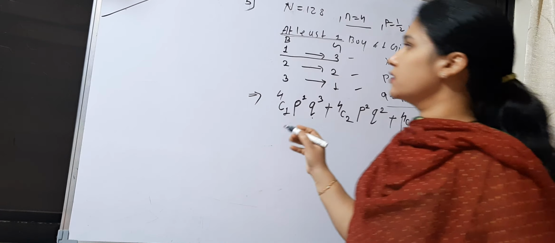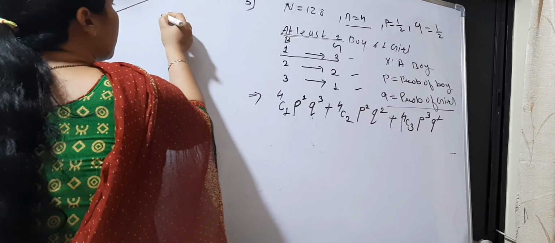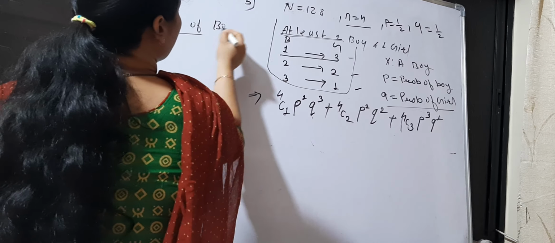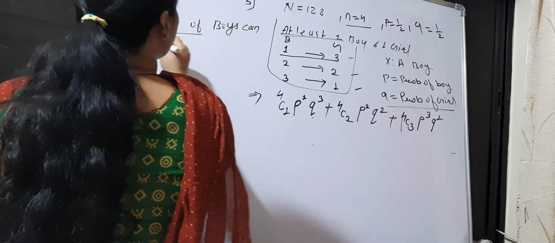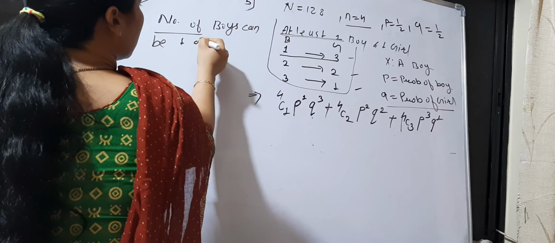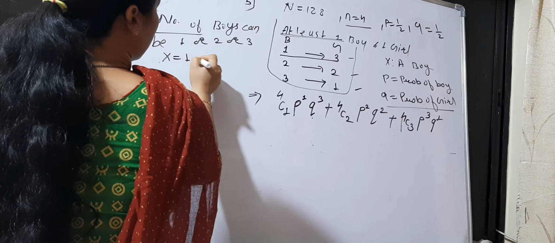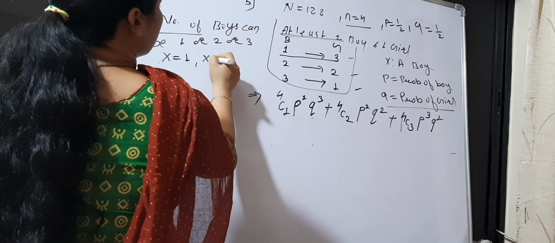Or you can write, if your X is boy, then the number of boys can be 1 or 2 or 3. X will take values 1, 2, 3. Automatically when X takes 1, then its complement, meaning girl, will be 3, like this.